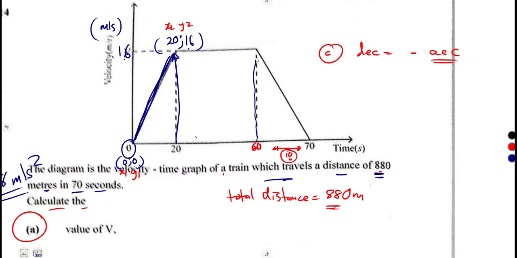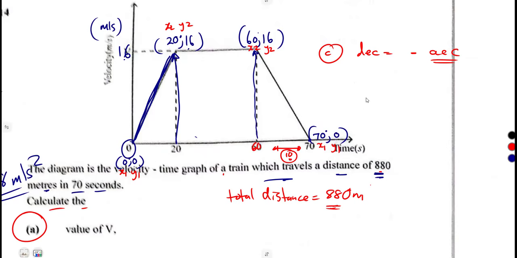This is 60 corresponding to this point, which is 16. So it's 60 versus 16. This point here is 70 versus 0, the velocity here being 0 on this horizontal line. So here it is the end point, velocity being 0. Using that same combination, this is x1, y1, this is x2, y2.